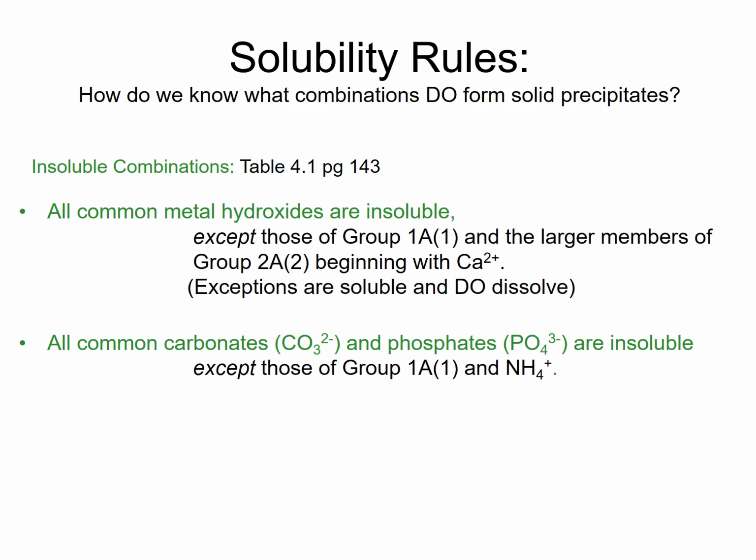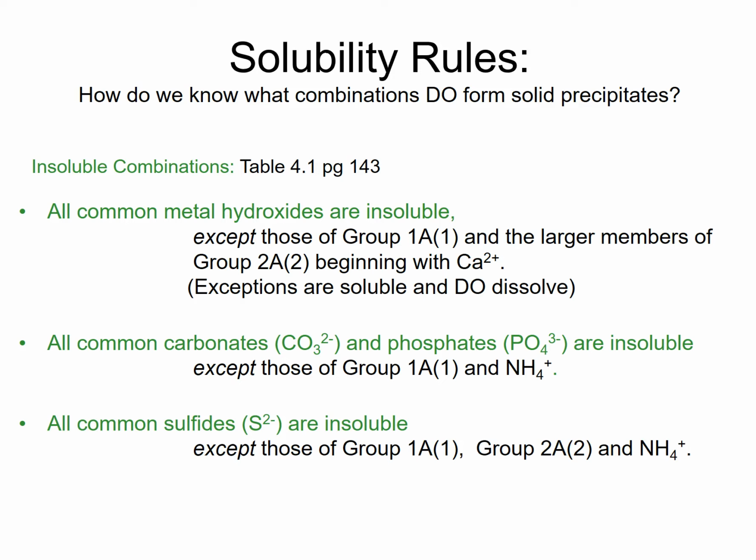The combination would be a soluble combination, and they would continue to be dissolved in the beaker. Sulfides are almost always insoluble. Hook something up with a sulfide, it usually sinks to the bottom of the beaker as an insoluble precipitate, unless it involves a group 1A element, a group 2A element, or ammonium. Again, there are these exceptions, and in this case, the exceptions would mean something that is soluble and would dissolve.